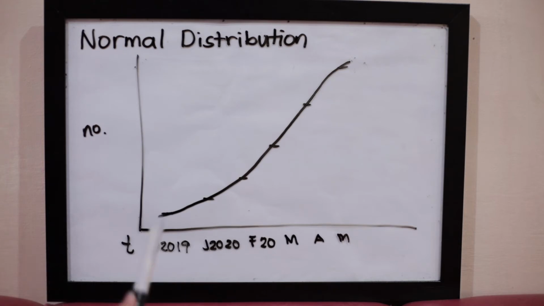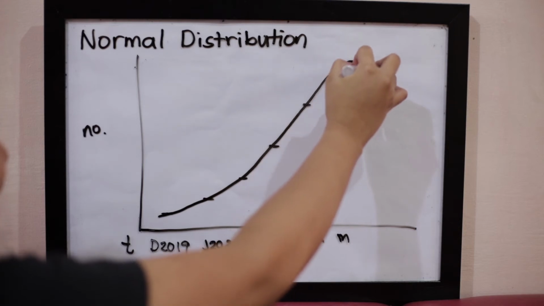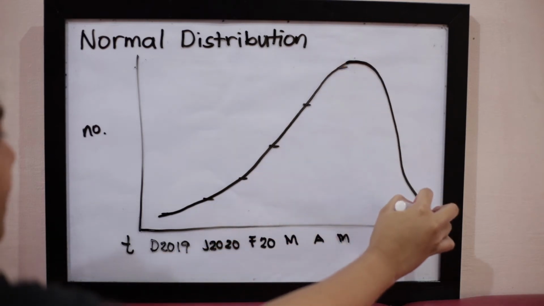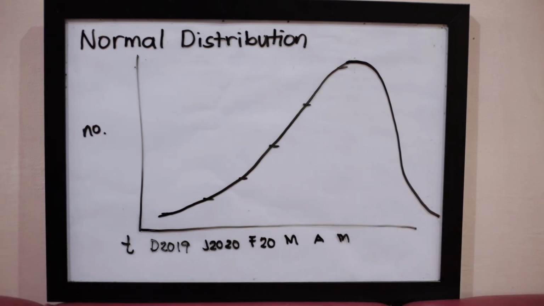So to flatten this, the graph should be like this. You will have a decreasing pattern as you go along your time frame, after quite some time. We cannot say that we already flattened the curve if it does not decrease at all.